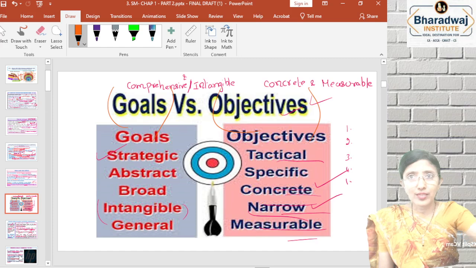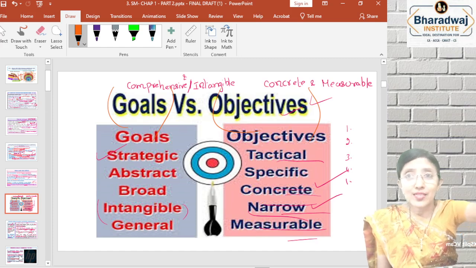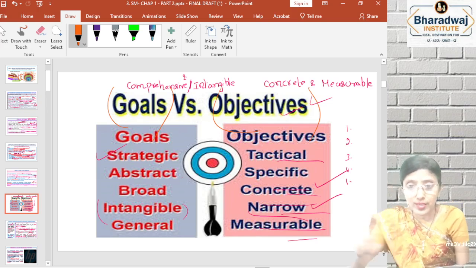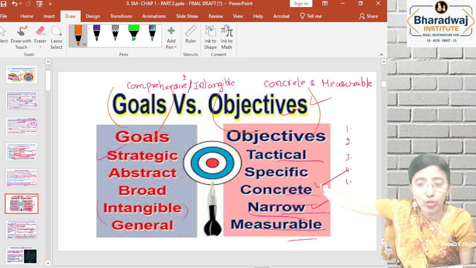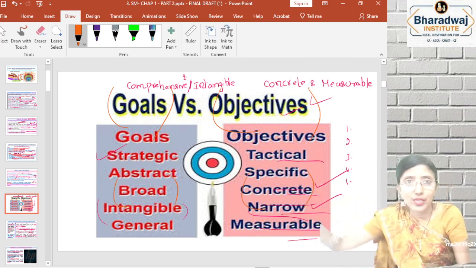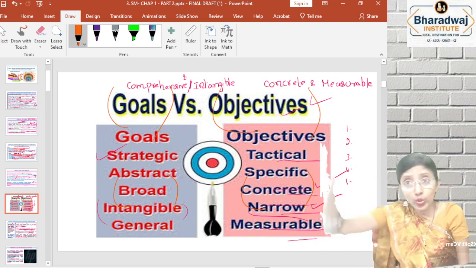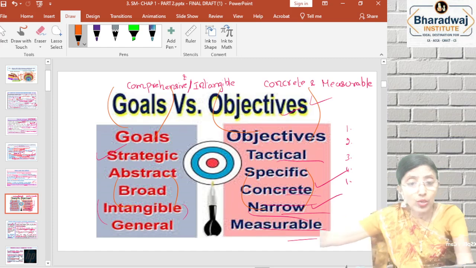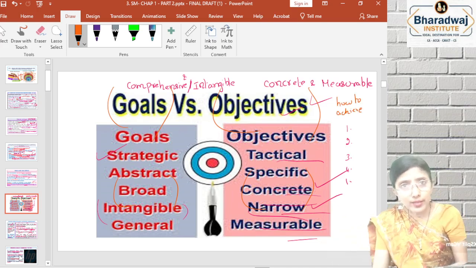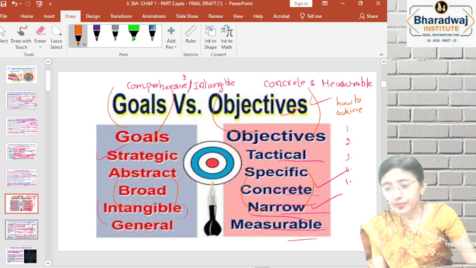This kind of jogging, this kind of yoga, this kind of meditation, this kind of food intake, that is objectives. So one repeated question is the distinction between goals and objectives. Remember, goals are broad, objectives are narrow. How to achieve a goal is an objective. Are you clear? Yes, understand it.